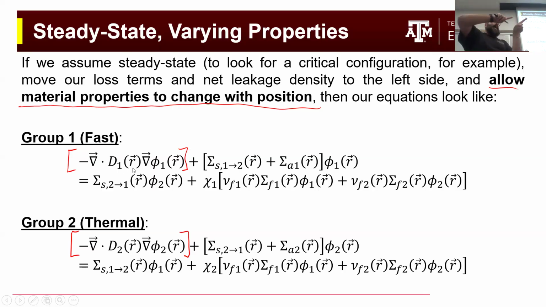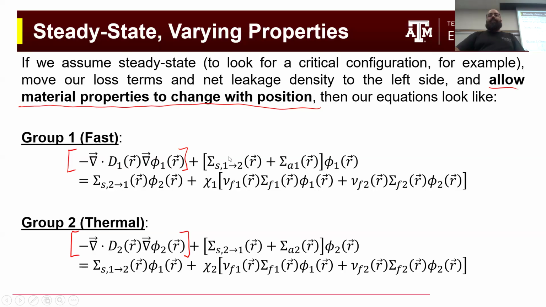Before, I had pulled it out of that operator because we assumed that there was no position dependence, and that was where that Laplacian came from. If I pull this diffusion coefficient out, then I've got the divergence of the gradient of the flux, which is the Laplacian. So I'm just putting that back inside of the definition and writing it based on the original way that we had written net leakage using Fick's law.